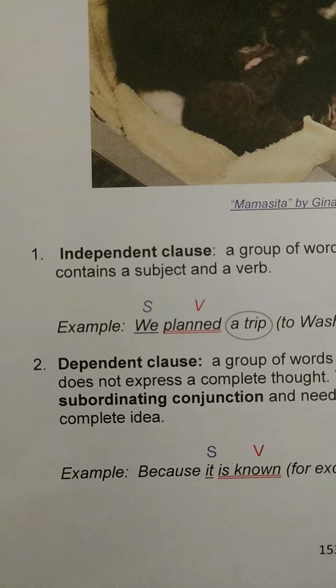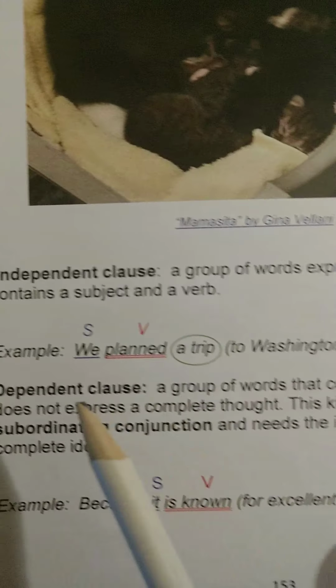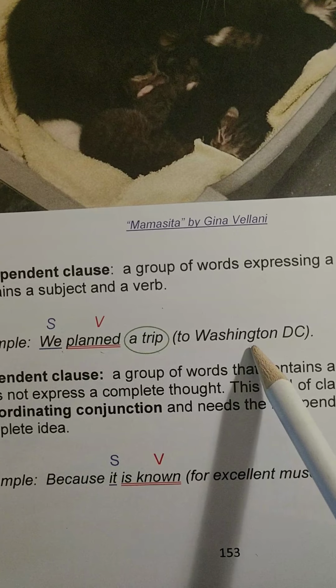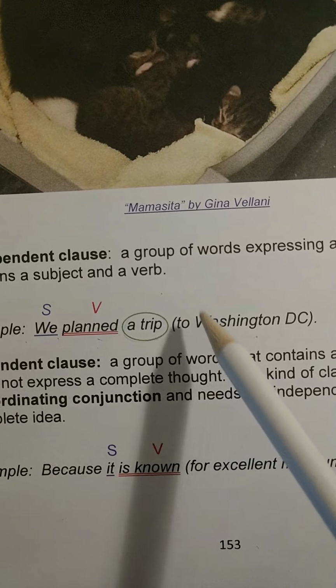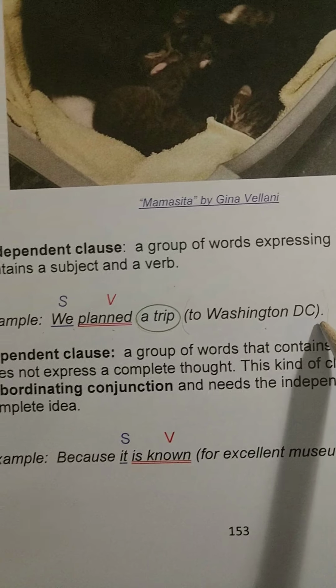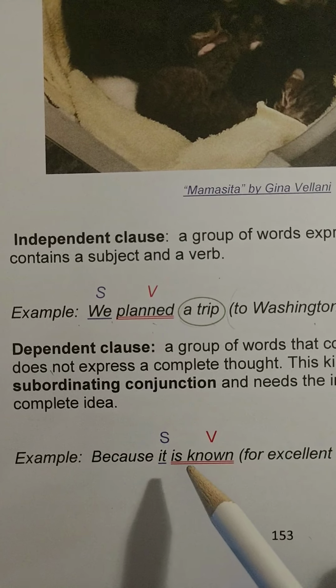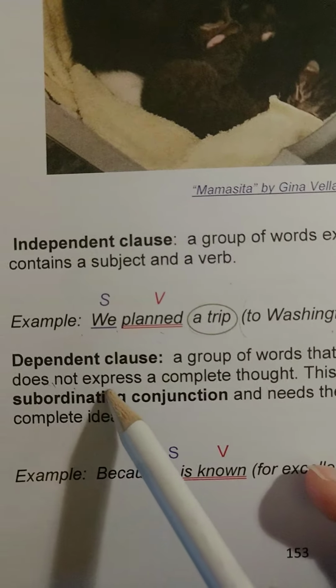It's a full sentence, contains a subject and a verb. Okay, for example, we planned a trip to Washington, D.C. Okay, and here we have subject, verb, here's the object, if you remember this, and then we have a prepositional phrase like that.